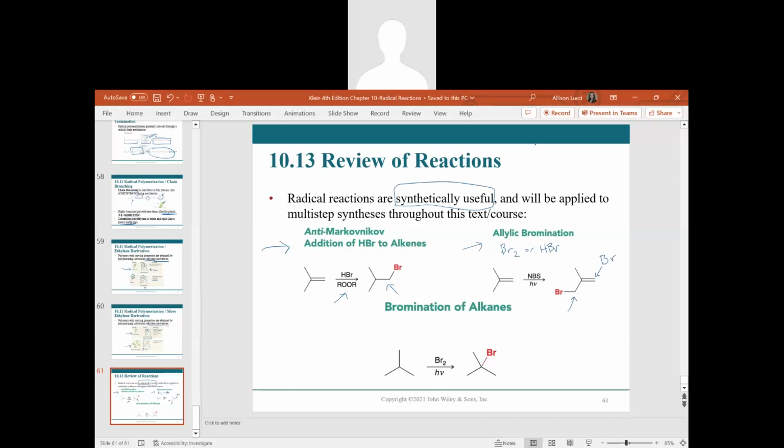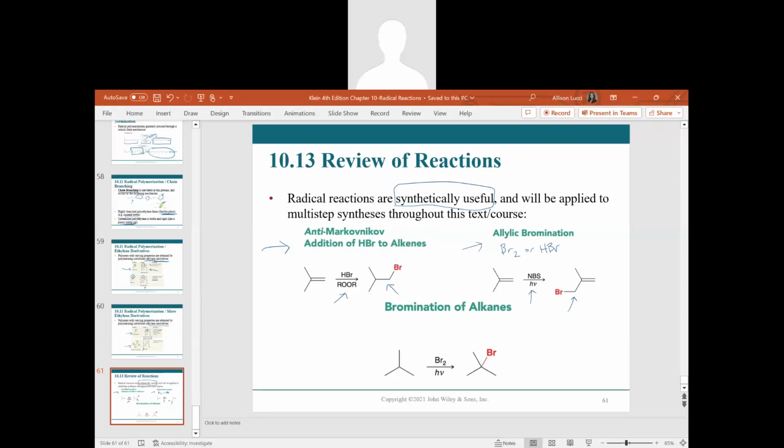So that would be another process through addition to a pi bond that we saw with HBr specifically. But for our radical addition, our allylic site would be the preferred site with NBS, but again, this undergoes a bromine radical that initiates this process.